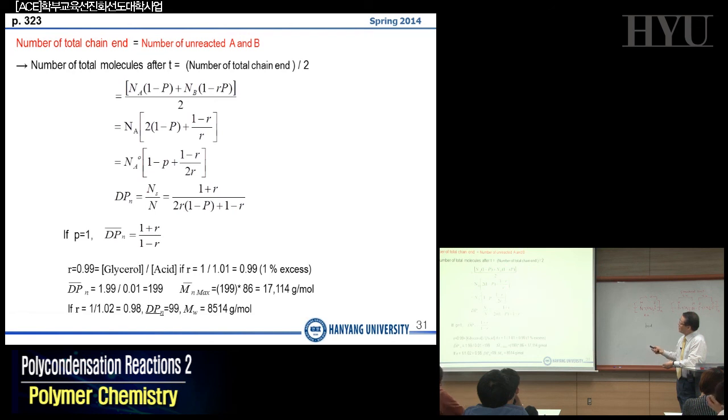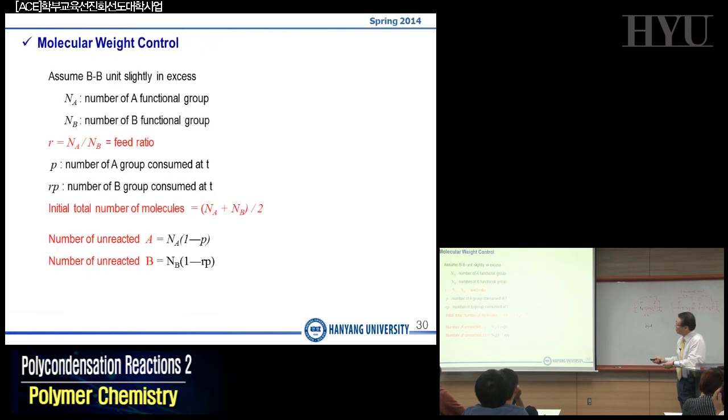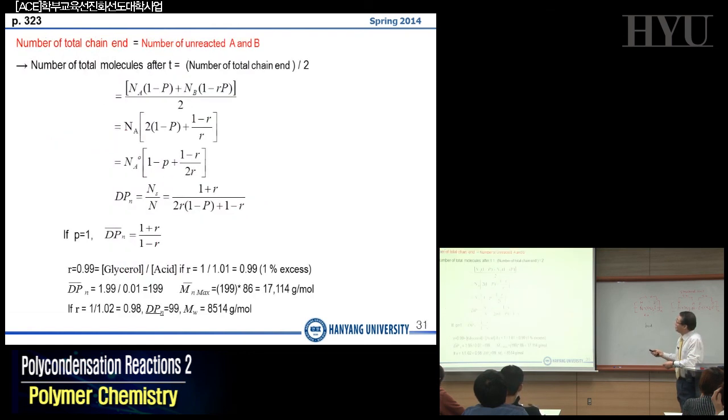The total number of molecules N is defined by the total chain ends, which is the number of unreacted A, Na times 1 minus p, plus the number of unreacted B, Nb times 1 minus Rp, divided by 2. That gives the total number of molecules after time t.